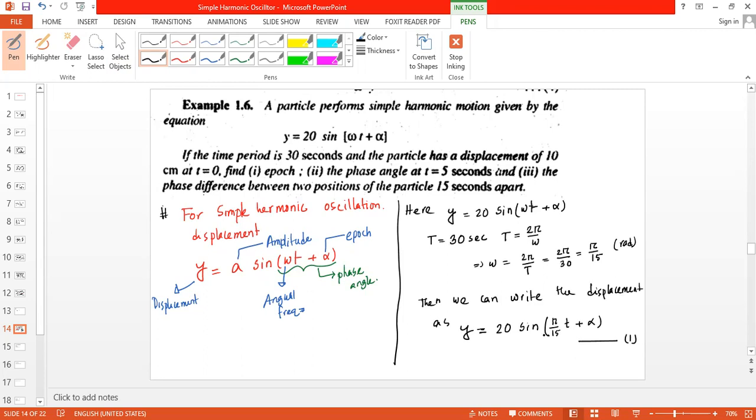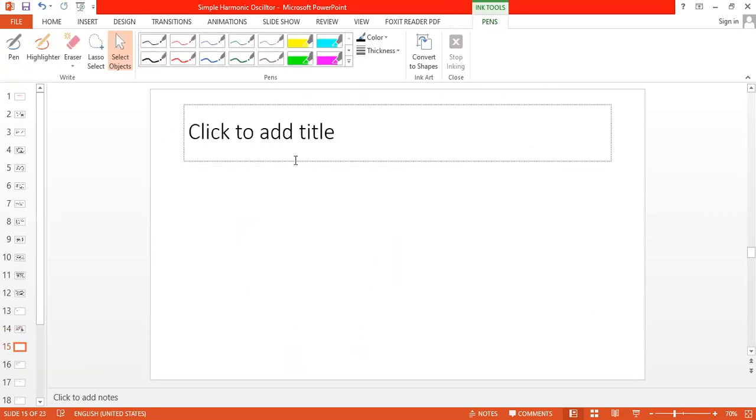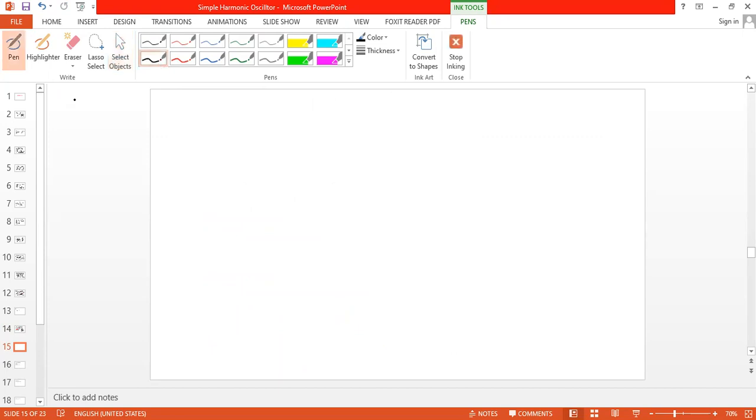Now let's try to solve the math. At first I have to find the value of epoch, alpha, and they have given us one piece of information: when t equal to 0 second, its displacement is 10 centimeter. So notice, we know the equation is y equal to 20 sine pi by 15 t plus alpha.